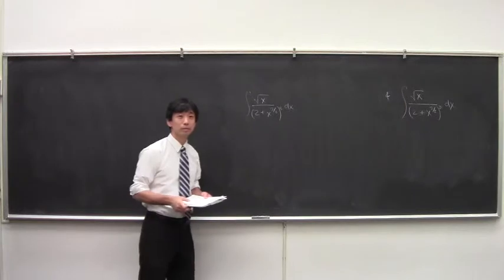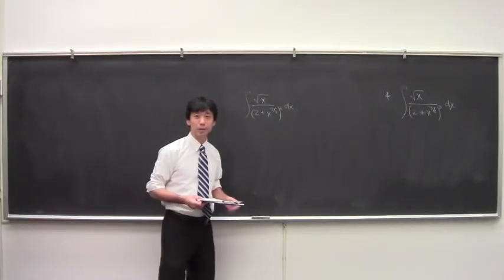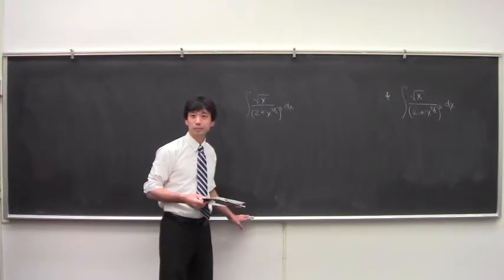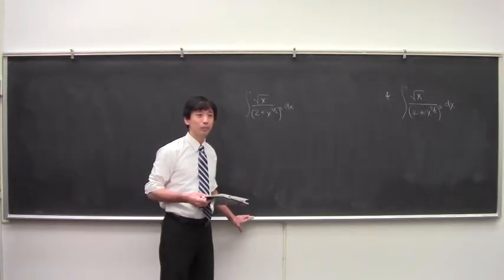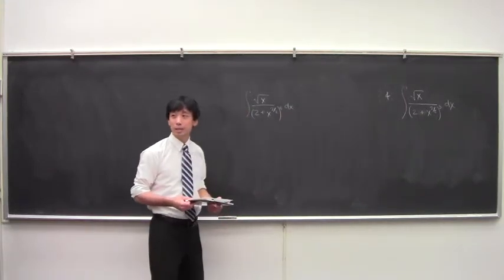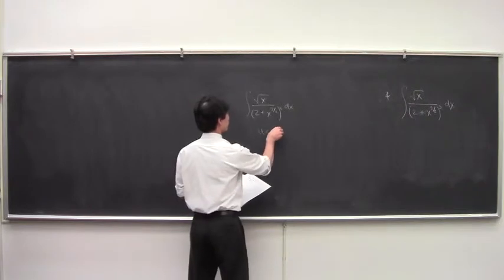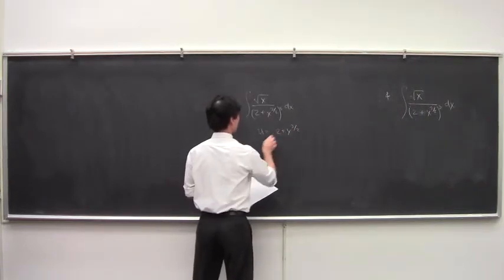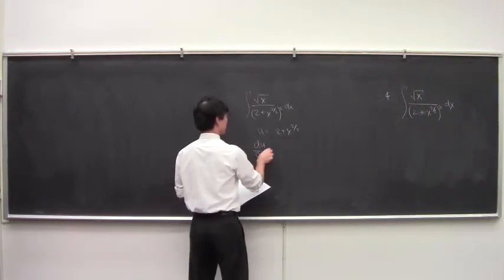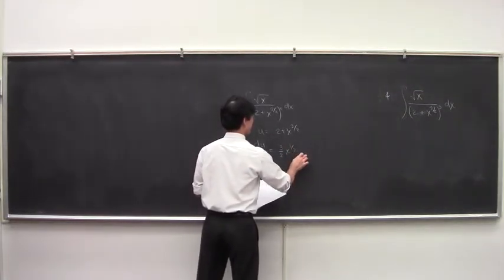Okay, who would like to say what we need to do? What are you going to take as your u? Leanna? My u was 2 plus x to the 3 halves. Okay, and then du dx is 3 over 2 times x to the 1 half.